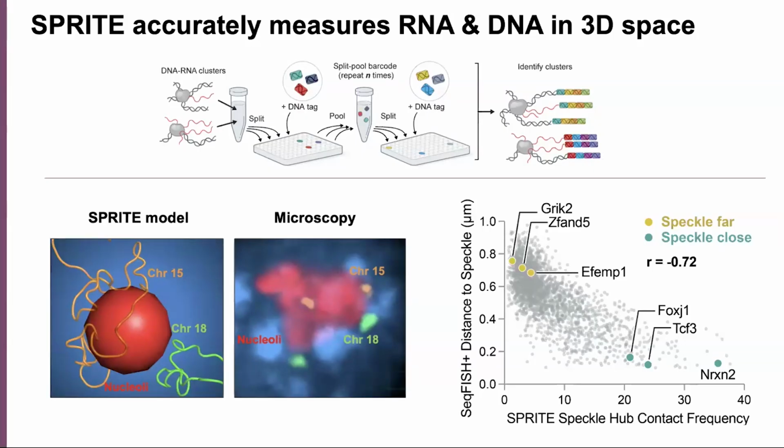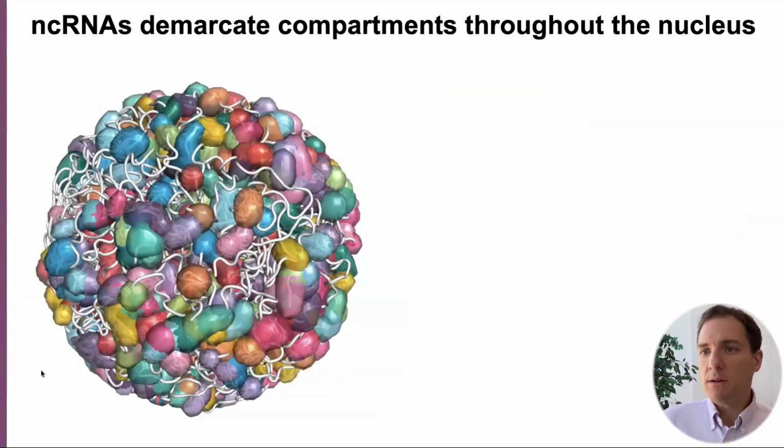And this is true more globally. The structures that we can measure and the spatial distances that we can measure using our SPRITE-based measurements show strong correlations with those that we can directly measure by microscopy-based approaches across thousands of different regions. And so using this approach, we've been exploring where different RNAs, and particularly non-coding RNAs, localize in the nucleus.